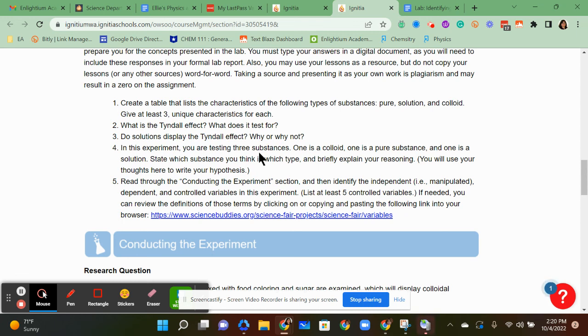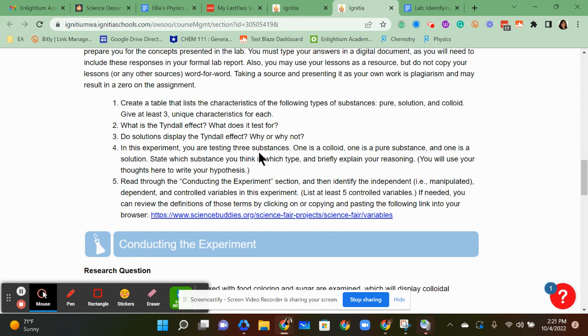Now, they're asking you to identify also your independent variable and dependent variable. Now, remember that you are testing for the Tyndall effect. That's what you're testing. And you're testing three samples.